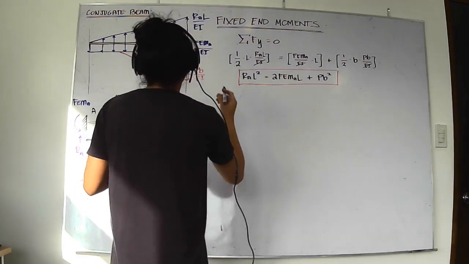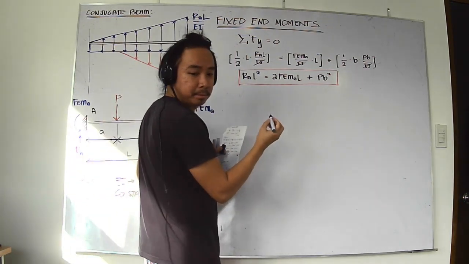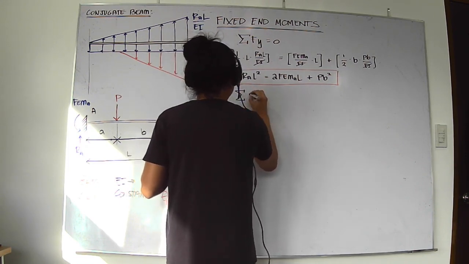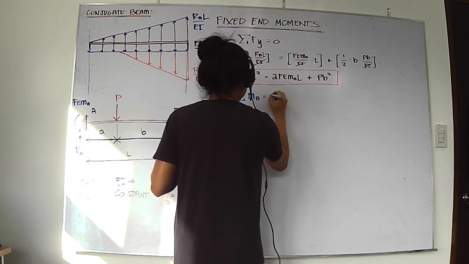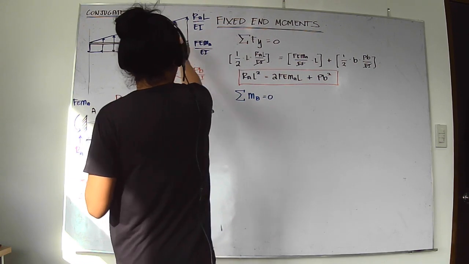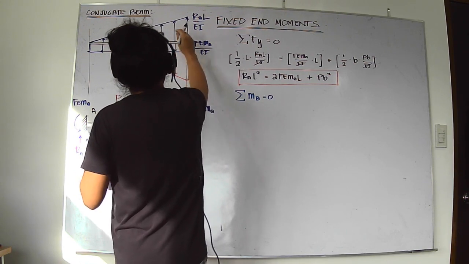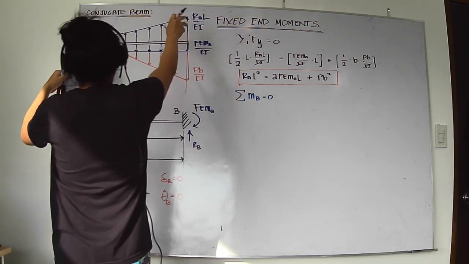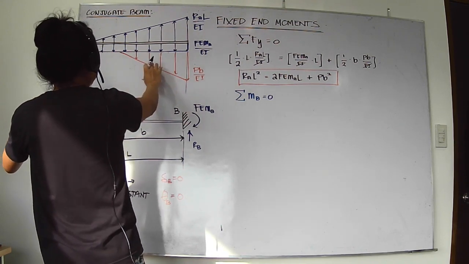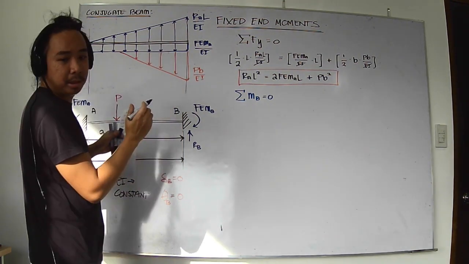For this time, I would like to calculate the moment at B. Okay? So, to calculate the moment at B, summing up moments at B is equal to 0, right? We just need to consider the direction of rotation. The triangular blue is clockwise, while the rectangular blue and the triangular red are counterclockwise.